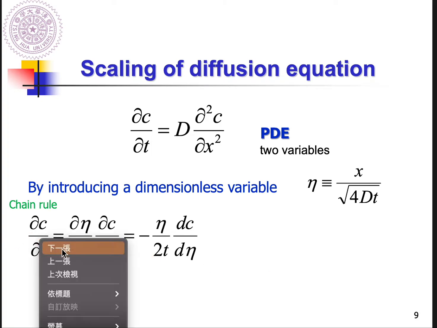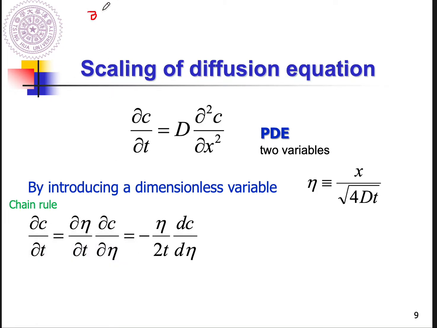What does the chain rule mean? Just to remind you, the chain rule means here partial C, partial t, and partial iota, partial t, and partial iota, partial C equals 0. We call this the chain rule.